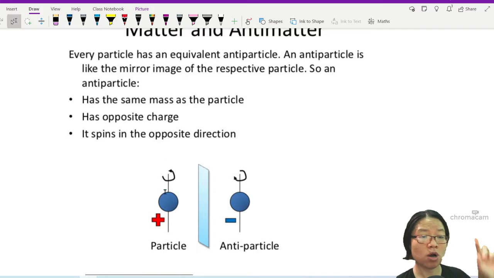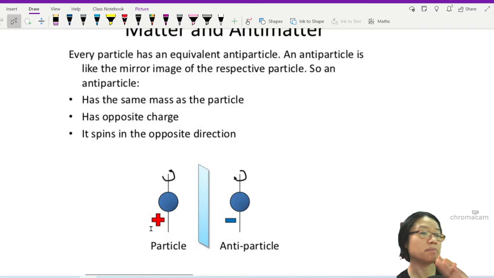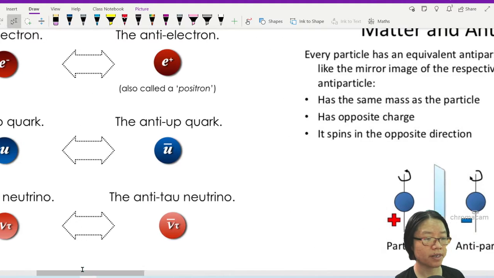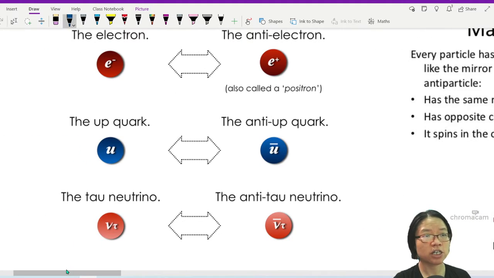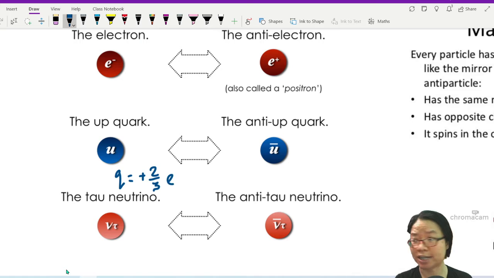All right. So matter, or particles, is what we are used to. Antiparticles are the mirror image, so they have the same mass but opposite charge. For example, if you look at the up quark, the charge of our up quark is positive 2/3 the electronic charge.